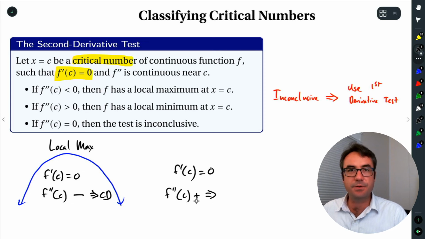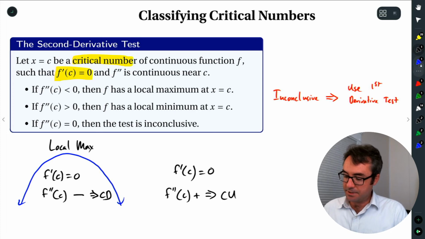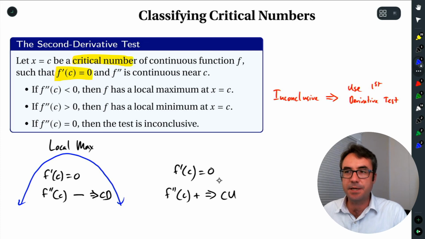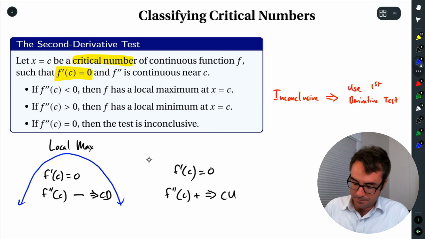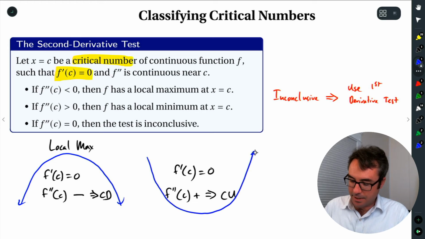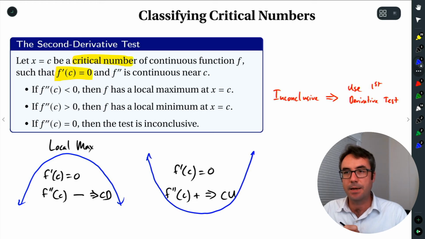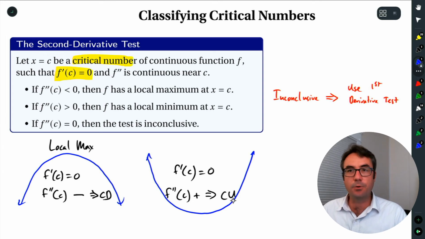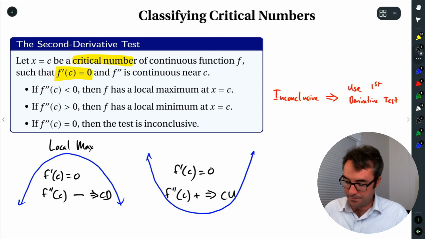So if the second derivative is positive, we know that's concave up. Let's get a rough sketch of what our graph looks like right around x equals c. It's going to have a concave up shape. So draw in your concave up shape. And what did you just draw? Something that looks like it has a low point. And that's precisely what this test tells us. We have a local min.